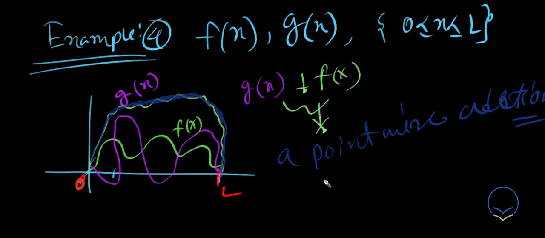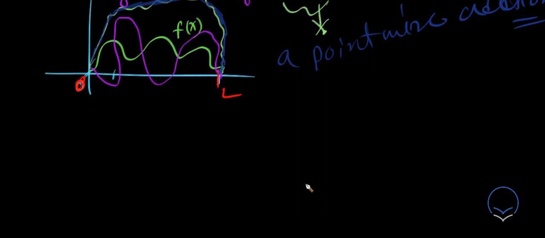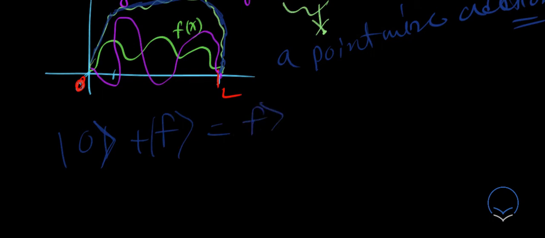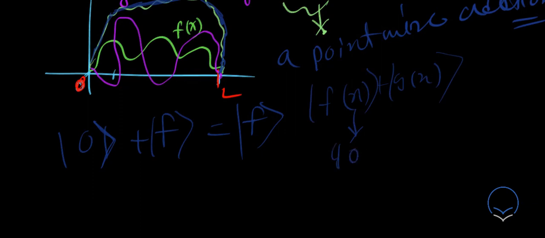And in this case, our identity, because remember, two of the crucial things that we discussed was that there should be a zero vector, such that when you add it with another vector, it gives you the same vector. For our case, we have functions f of x and g of x, and if you consider these functions as vectors, the zero vector is nothing but the zero function.